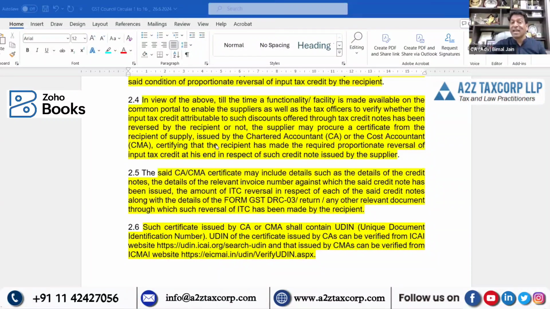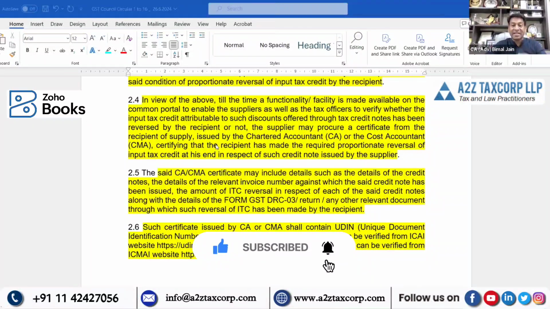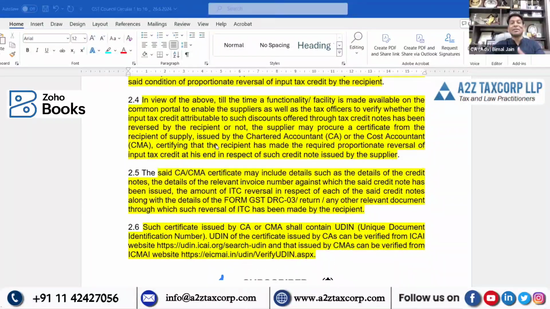So this is not a challenge only for the supplier. Even the tax officer is not in a position to cross-check whether the recipient has reversed the credit corresponding to the tax component charged on the credit note, right? A challenge to both of us.